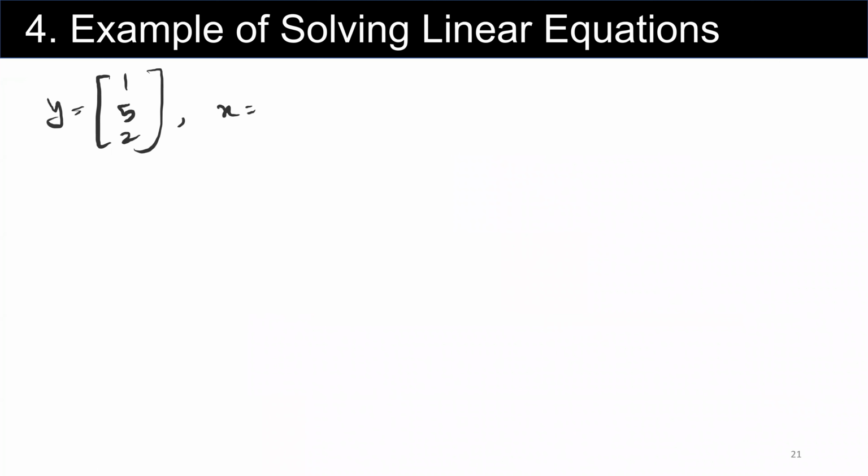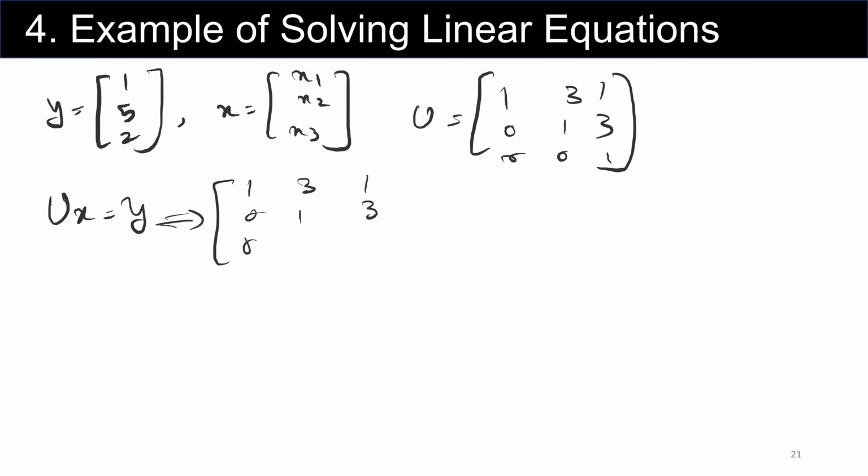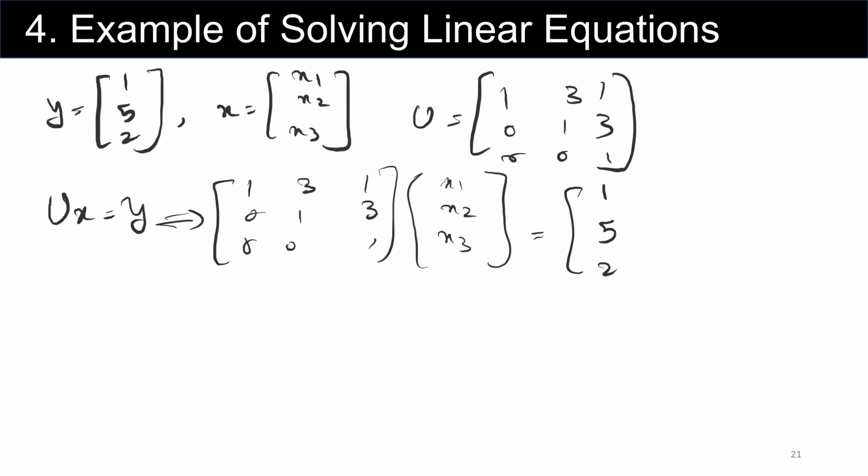We have x, which is x sub 1, x sub 2, x sub 3. And we have U, which in our case was [1, 3, 1; 0, 1, 3; 0, 0, 1]. So we know that U multiplied by x is y, which means [1, 3, 1; 0, 1, 3; 0, 0, 1] multiplied by [x1, x2, x3] is equal to [1, 5, 2].